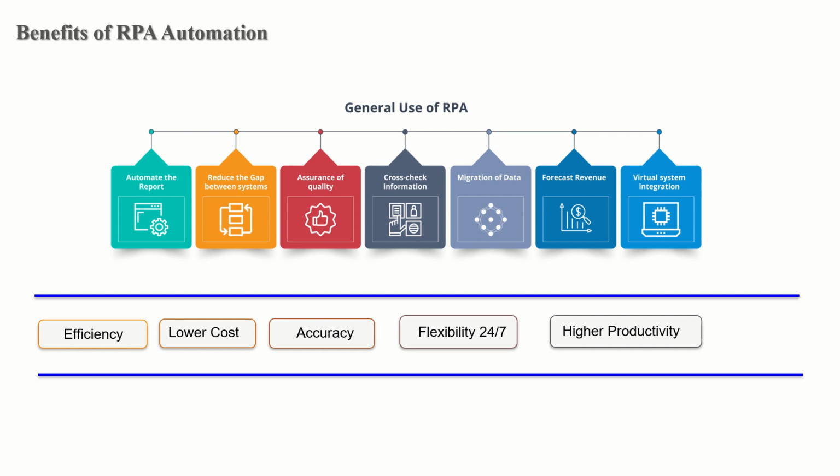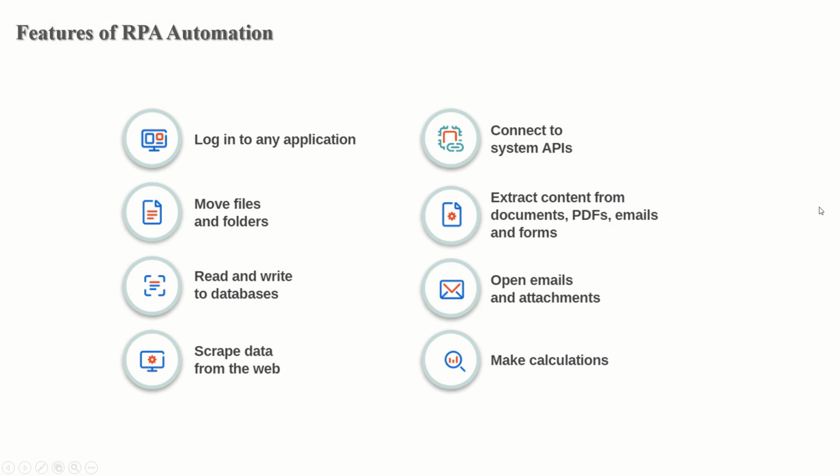So that much it is flexible, and then higher productivity as well. Once we move that code to production, we'll not get any more errors like a human. It is a machine, it is working with high productivity in terms of the benefits. So these are all the RPA benefits, and then we'll move on to the features of RPA automation.